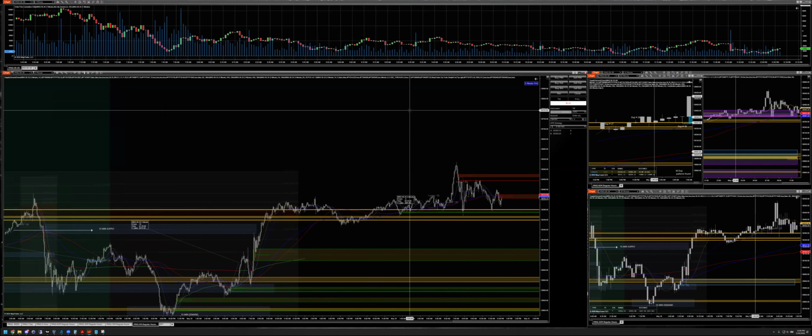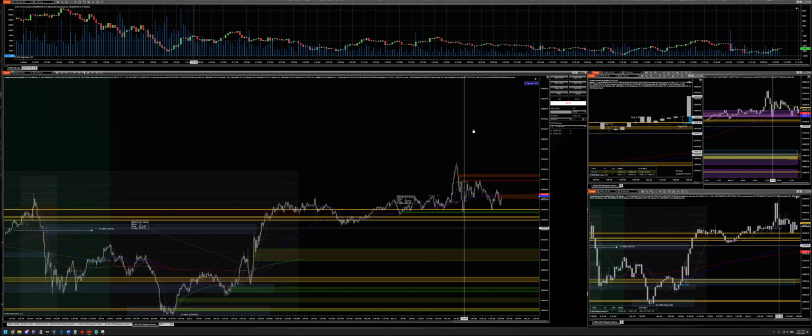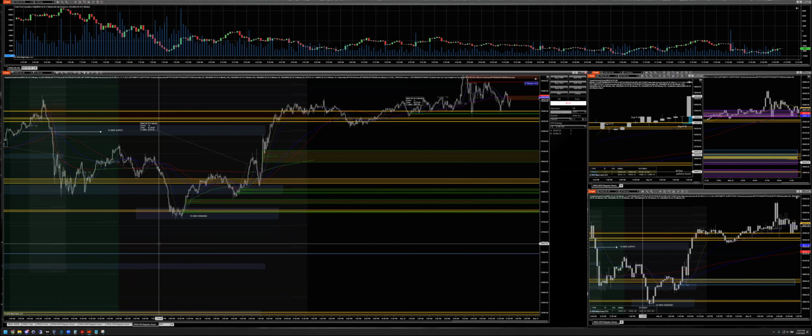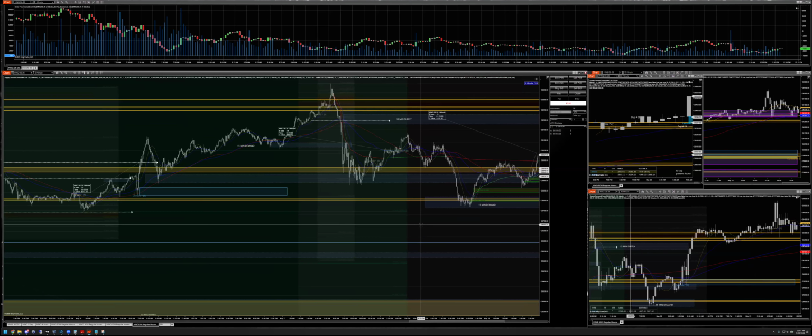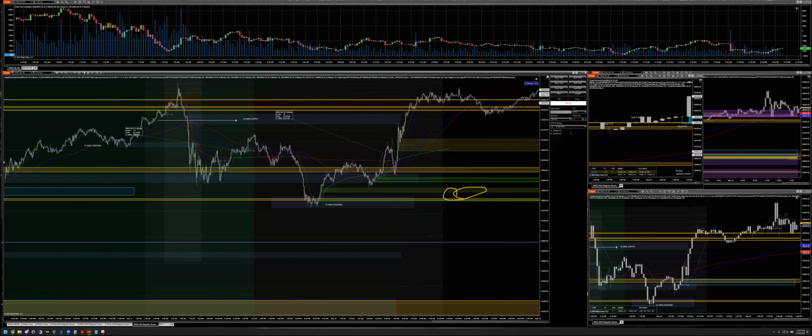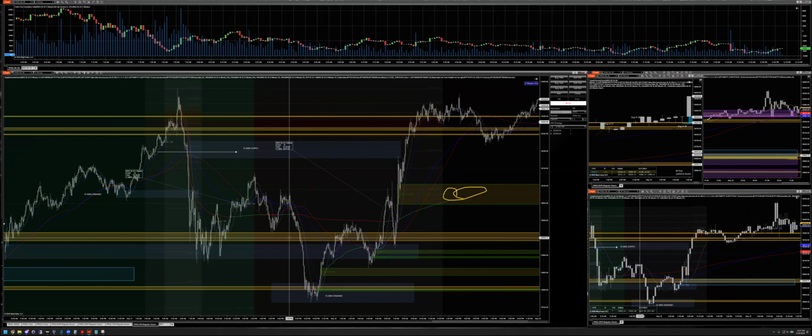All these gold ones are dojis that I've been drawing myself. They don't draw automatically.